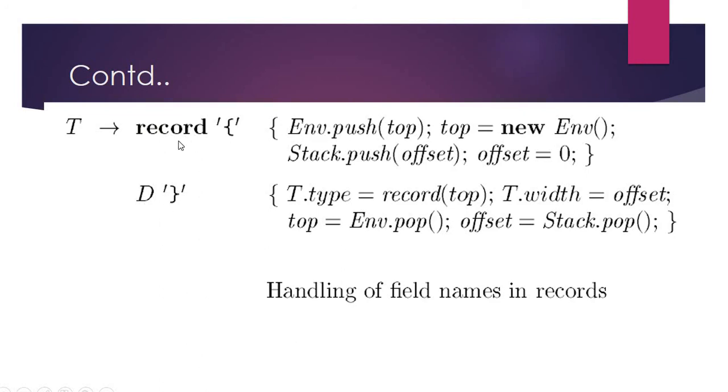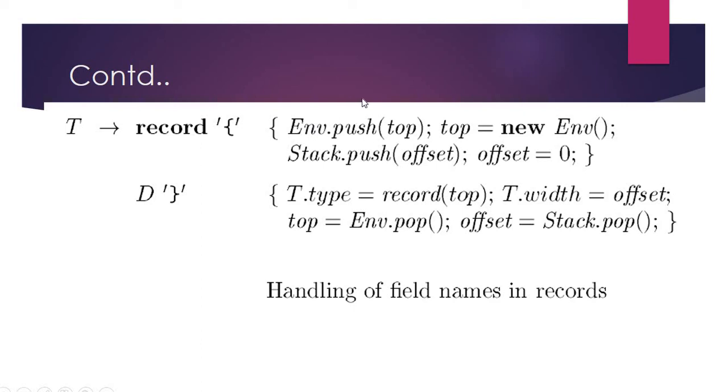So now whenever the compiler sees the record or the structure, the previous environment's data and all the details will be stored into the stack. Then after that, a new environment will get generated, and that value will be stored in the top pointer of the stack. So what is the present offset value for the previous environment?